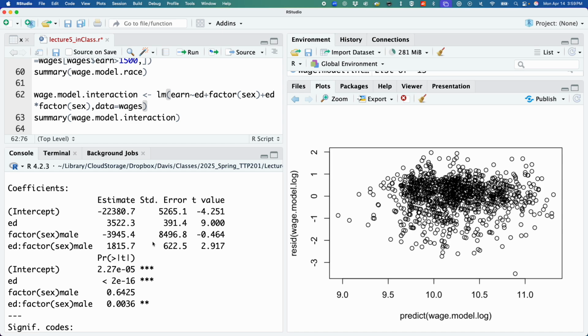But if you're a male, you also will get an additional 1,815.7. So the female slope is 3,500, and the male slope is 5,300, right? And so now you have two different slopes because you're adding these up, and it actually will lower the intercept for males a little bit. Okay.